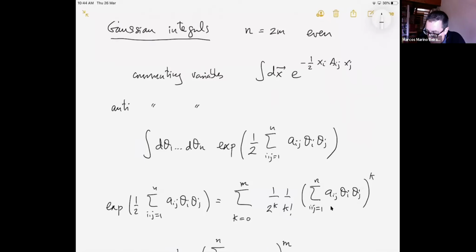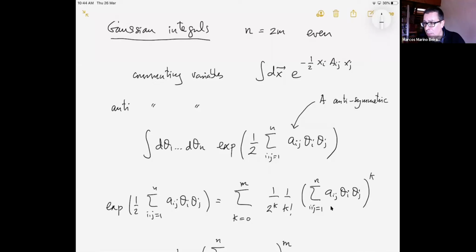Any matrix can be written as a sum of a symmetric matrix plus an antisymmetric matrix, and the symmetric part times theta_i theta_j would be 0 automatically.